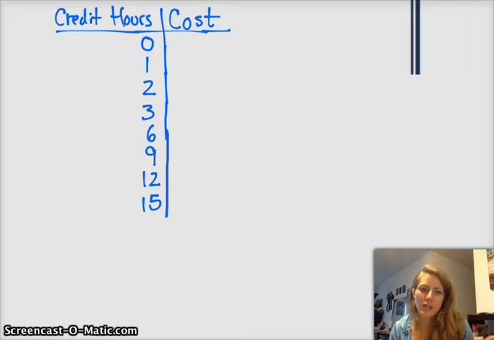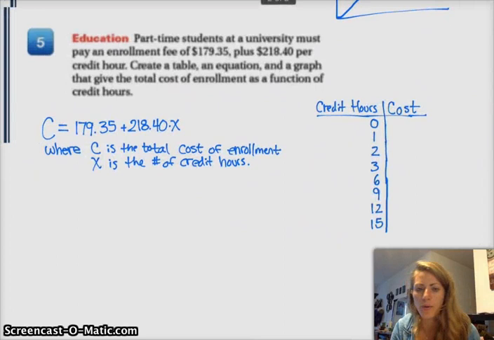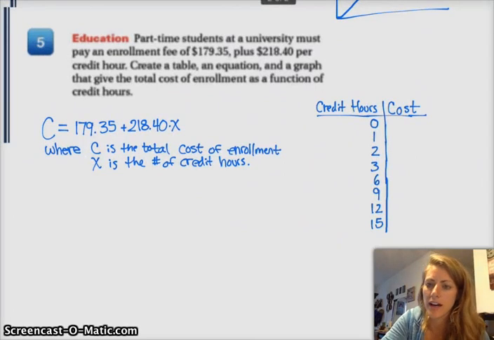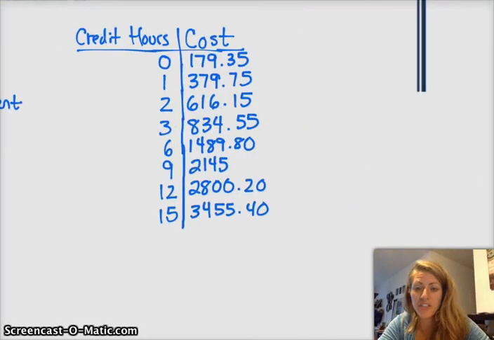So anyways, it depends on the situation, but I just picked those values, and then I can just plug those into my equation to figure out what my cost is going to be. So I'll go ahead and do that, and you can see how cost of college can get up there. All right, so that's my table.